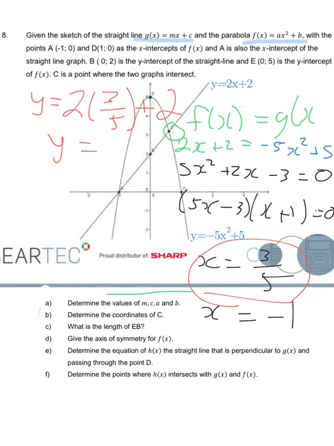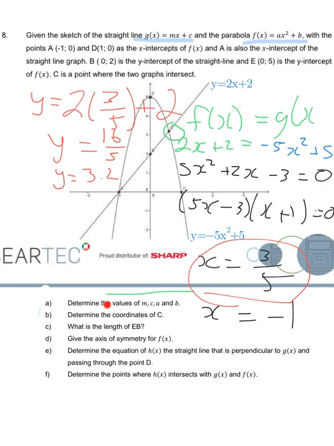When you do the operation you get 16 over 5, which is roughly 3.2. And if we take a closer look, we will see that this is just above 3, so it could be 3.2, and that's just below the 1, so it could be 3 over 5. So that is how we answer this point B.